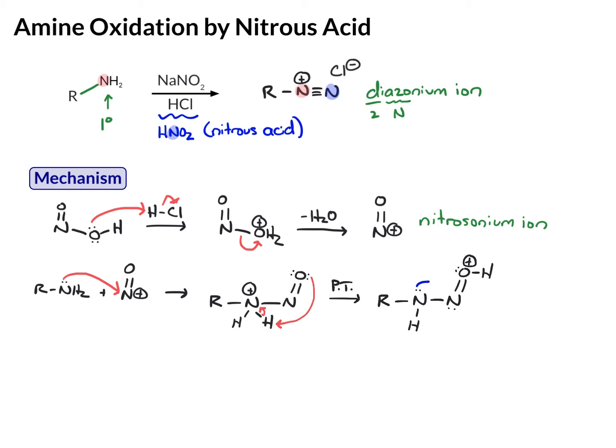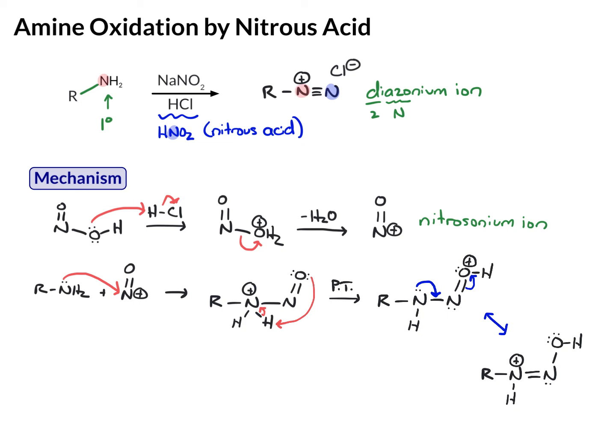So if I use this lone pair and push those electrons down and push those up onto the oxygen, we can draw a second resonance structure. So now we have this.